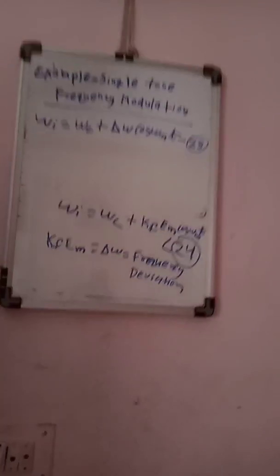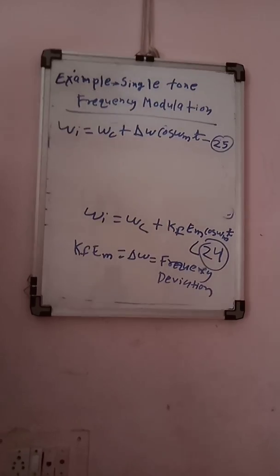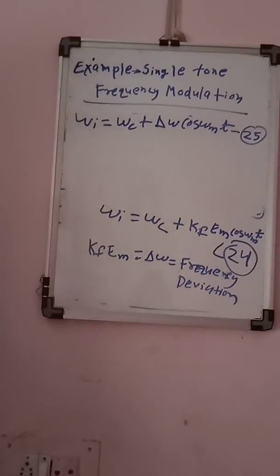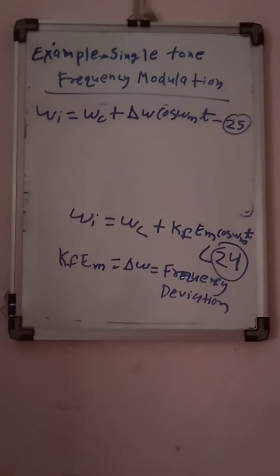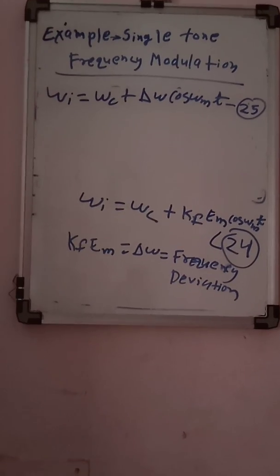Now, one thing I have calculated, that is the instantaneous frequency. Now I have to get the value of phase angle. In order to get the value of phase angle, I have to integrate equation number 25, because by integrating instantaneous frequency, I will get the expression for the phase angle.